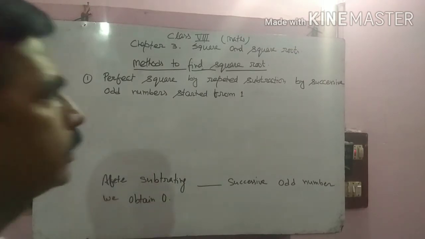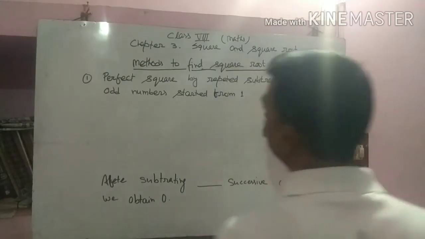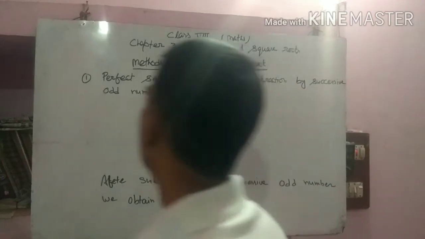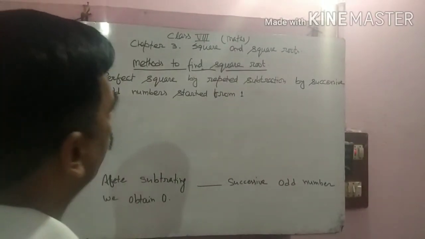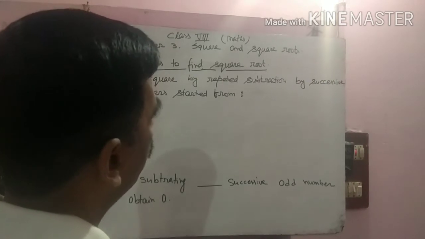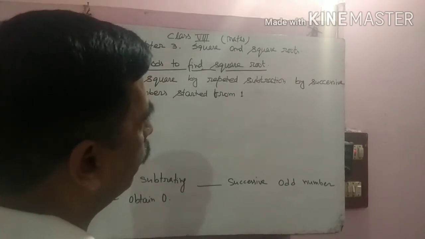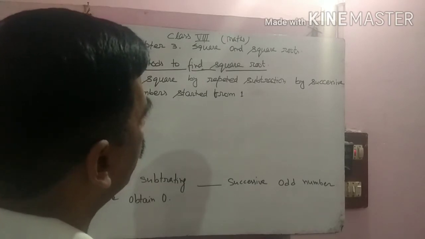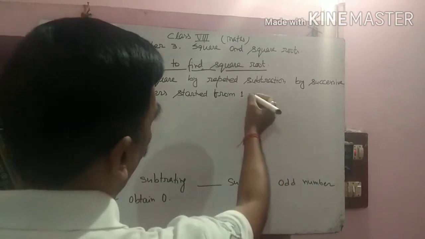There are different methods that can be applied to find the square root of a perfect square. The first one is repeated subtraction by successive odd numbers started from 1.